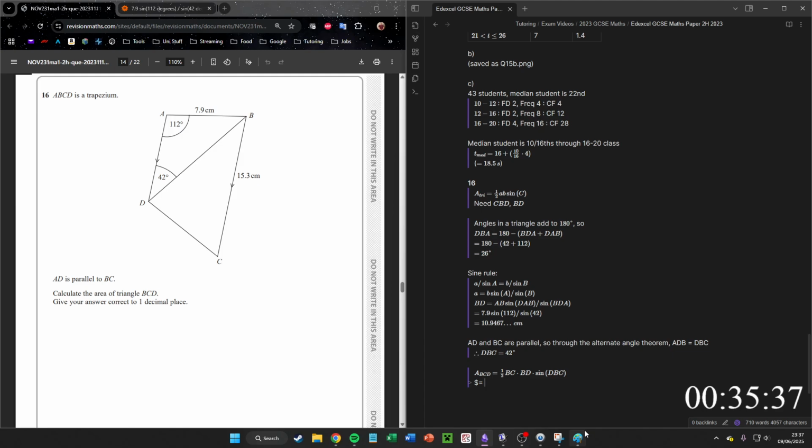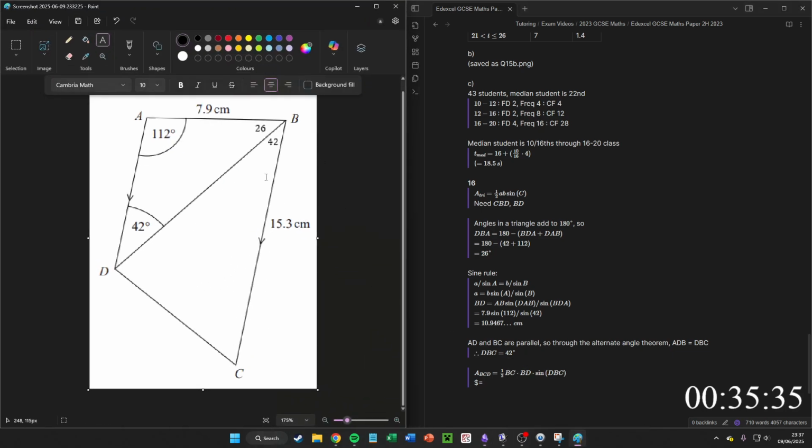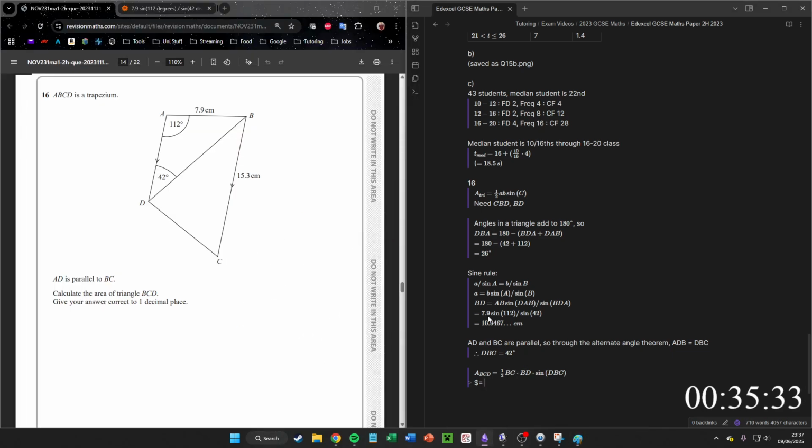So BC, how have we not labeled that? I should have labeled that. BC is 15.3, and then BD is 10.9467 dot dot dot, sine of that angle, 42 degrees.